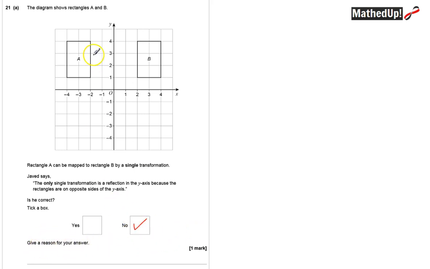And I'm going to give this translation as an example: translation of 6 to the right and 0 up. So translation of (6, 0) maps A to B. As simple as that.